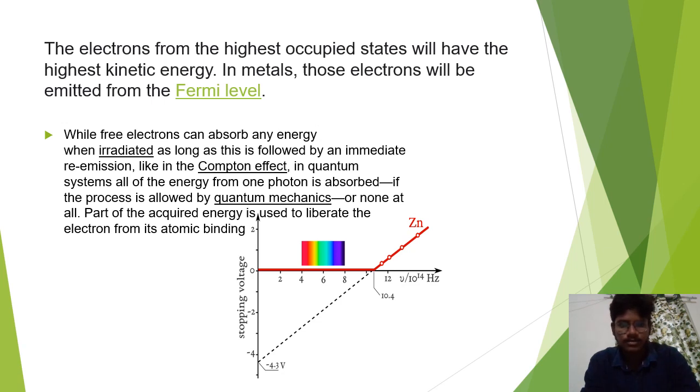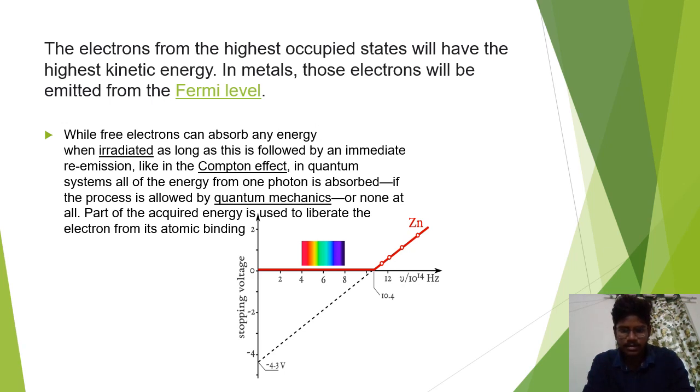In quantum systems, all of the energy from one photon is absorbed, if the process is allowed by quantum mechanics, or none of it. No part of the acquired energy is used to liberate the electrons from their atomic binding. Here in this picture we can see the stopping voltage versus the frequency graph.